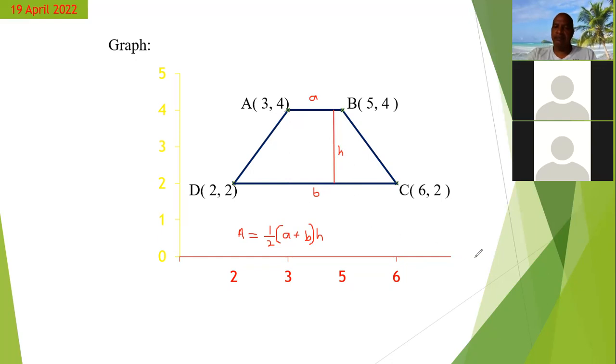Well, A and B would have been from point A to B, that little part there. We could have put a dotted line coming down to meet the x-axis.